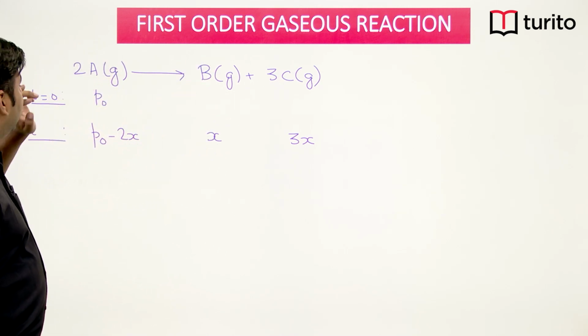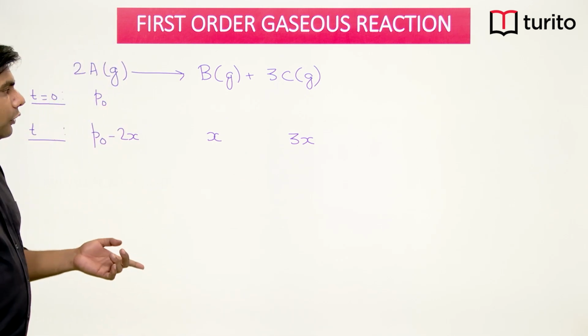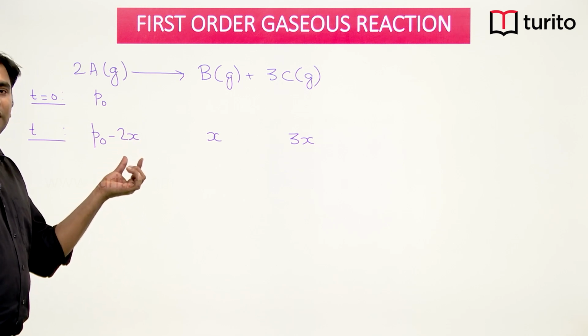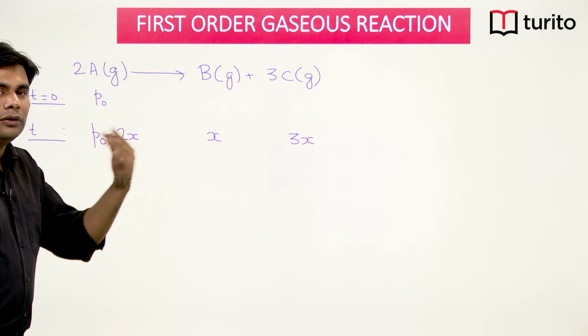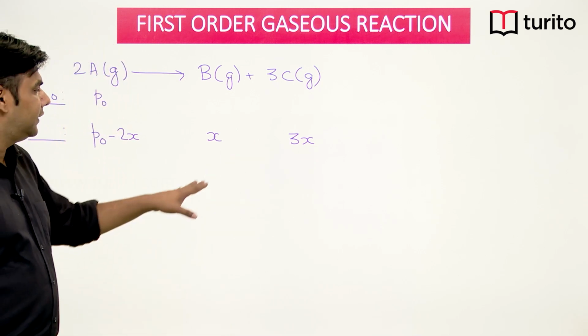Similarly 2 moles of A is forming 3 moles of C, so 1 mole of A would form 3 by 2 moles of C. So 2x pressure has reacted, giving 3 by 2 into 2x pressure of C, that is 3x.